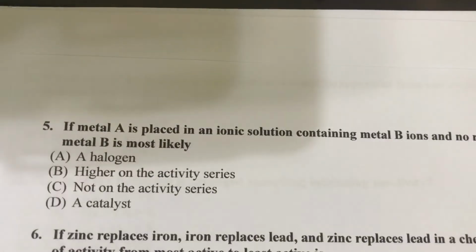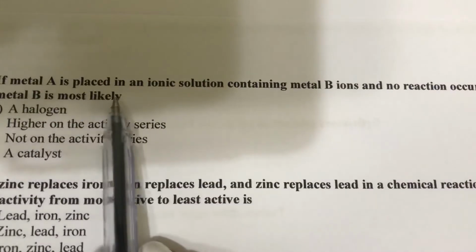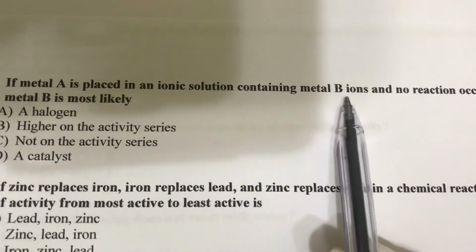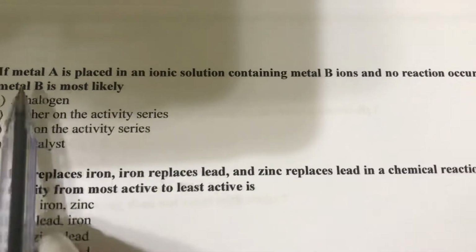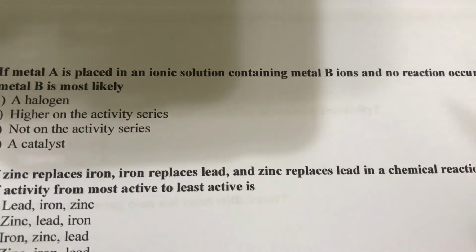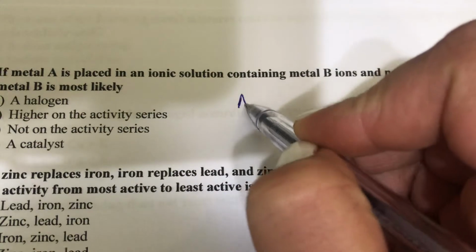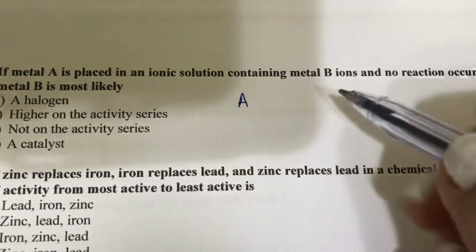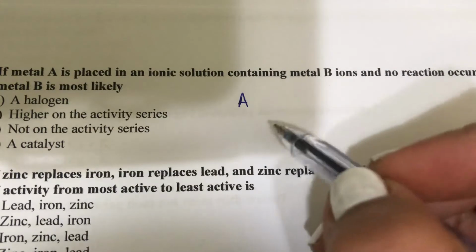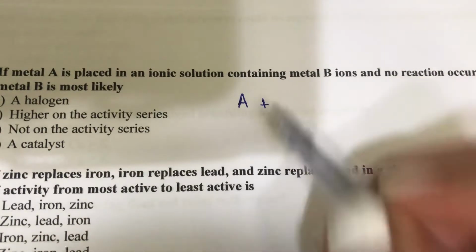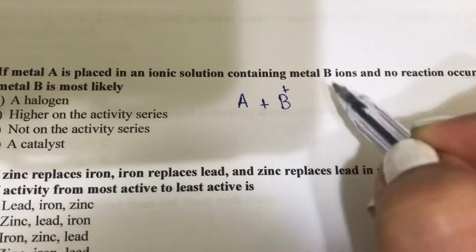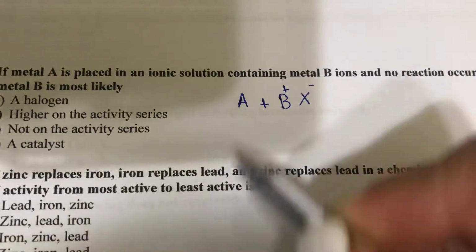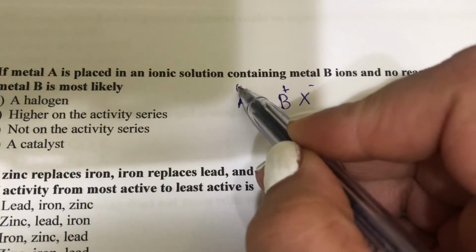Now question 5. If metal A is placed in an ionic solution containing metal B ions and no reaction occurred, then metal B is most likely. So here you have metal A placed in an ionic solution containing metal B. B is a metal plus another anion, and A is a metal carrying a positive charge.